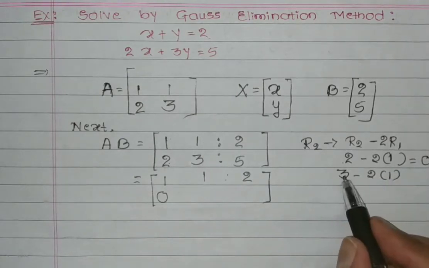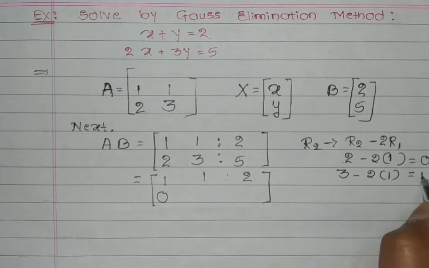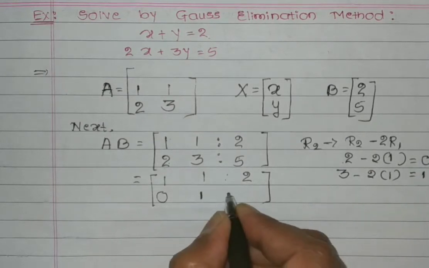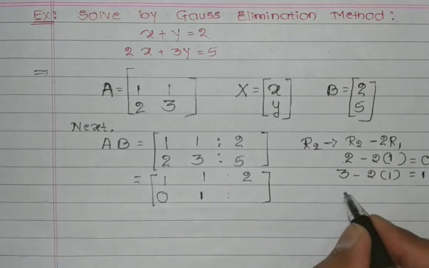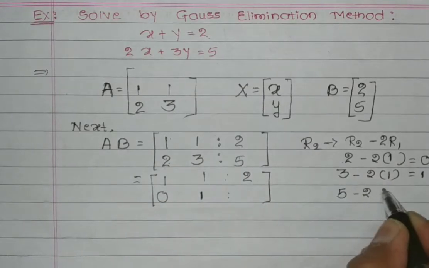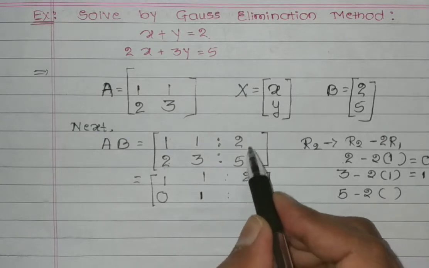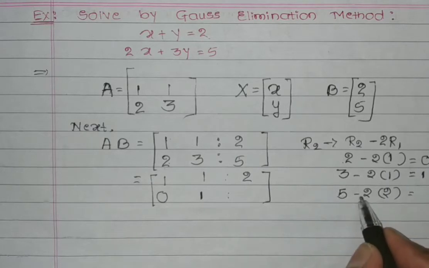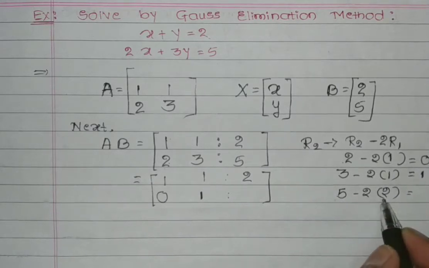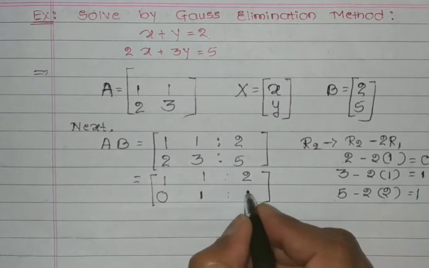So here we have 3 minus 2, that is 1. Next, the R2 row third element is 5 minus 2 into its corresponding R1 row element, which is 2. So here 2 2s are 4. So 5 minus 4 gives 1.